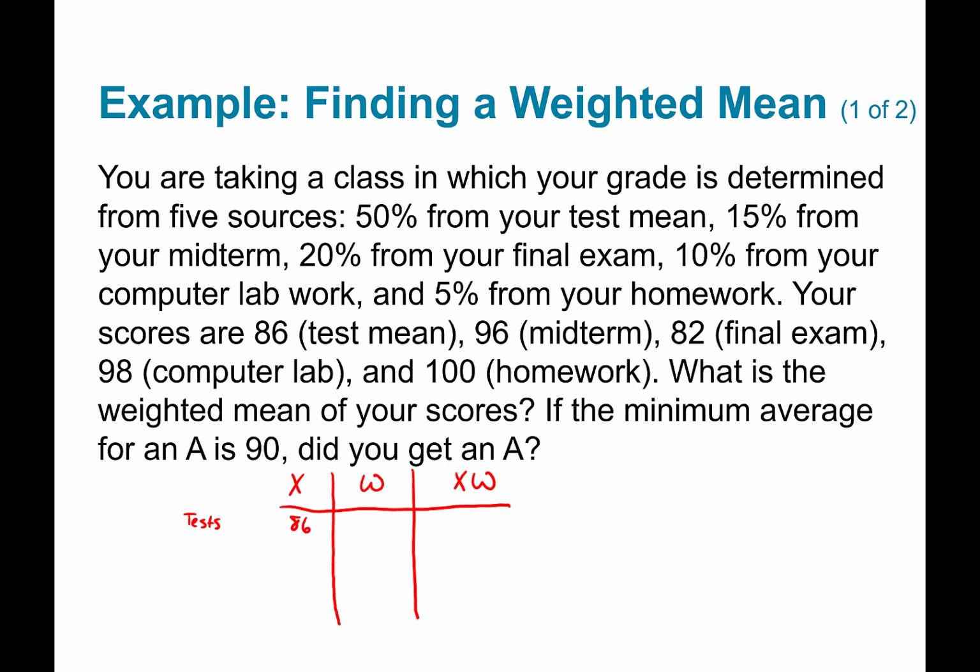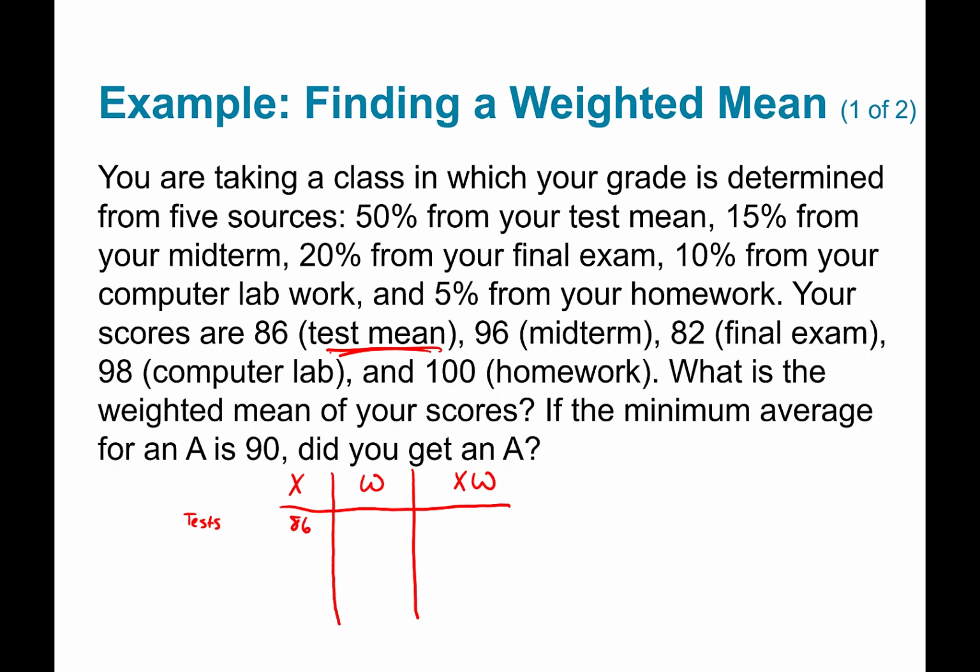If you did not have only one test score, for example, then you would need to go in and calculate the average of those test scores before you could do the weighted mean. To do a weighted mean, you already need to have one mean value, or one score, to represent the whole group.